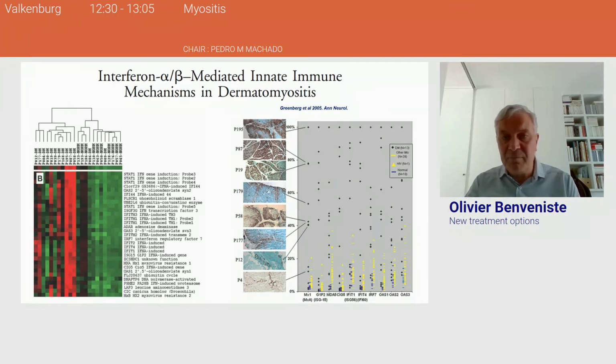And at the protein level, you can also observe the same thing in the biopsies of patients, where all these proteins linked to the interferon pathway of non-specific defense against viruses are highly activated.